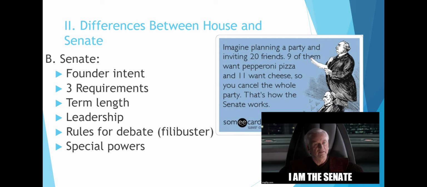That's very difficult. The Senate is in charge of confirming presidential nominees to things like federal judges and cabinet positions. That is only a majority vote. It's a majority vote to confirm federal judges.